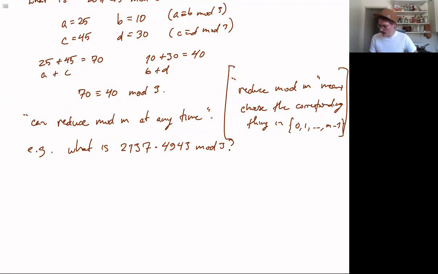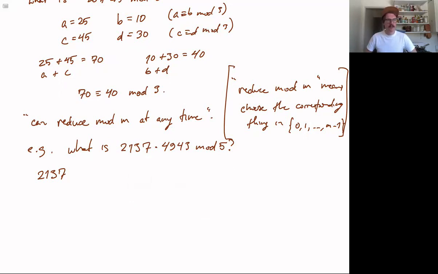So, 2137. Oh, let me change this so it matches all of my notes. I want to say mod 5. Doesn't change too much. But let's remember, what is our rule for divisibility by 5?